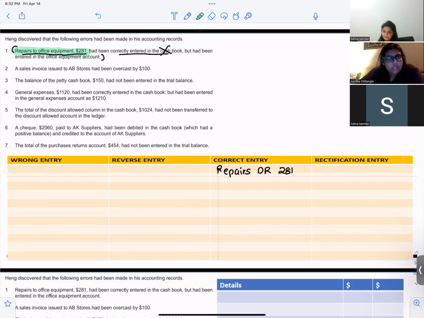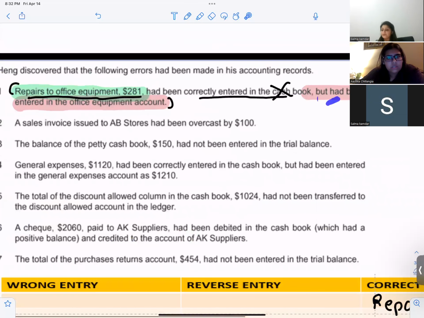We wrote this in the cash book, but we didn't write it in the repairs account. Read properly. What did you do?